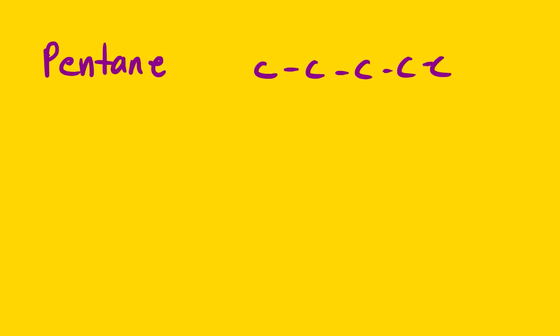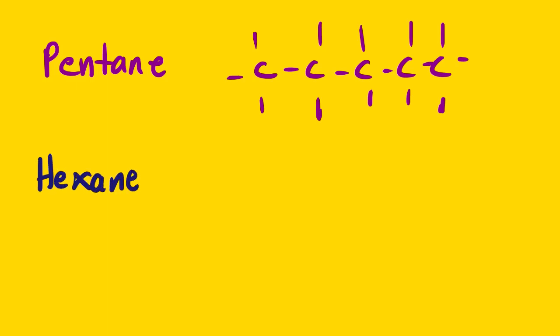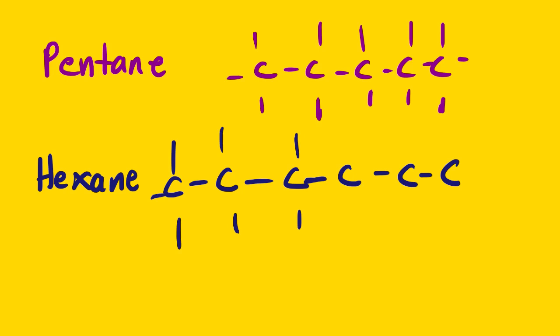Then the next one, pentane. It will have 5 carbons. Hexane. We call these parent chain names. When we're dealing with IUPAC, names will be using this. Hexane, it has 6 carbons.